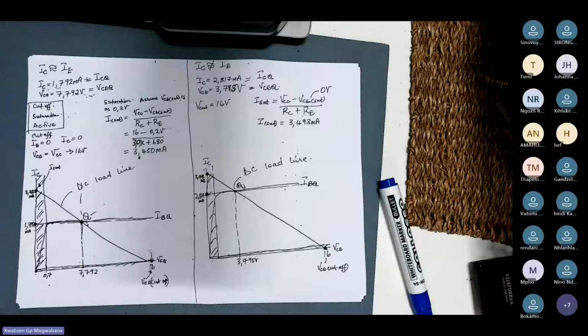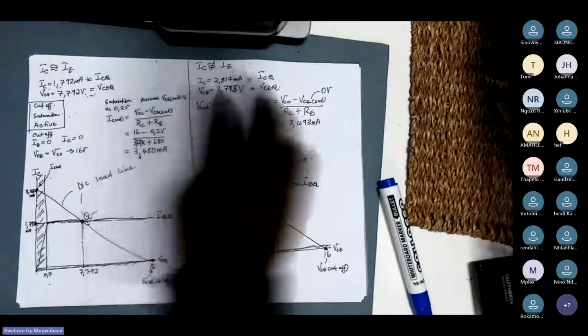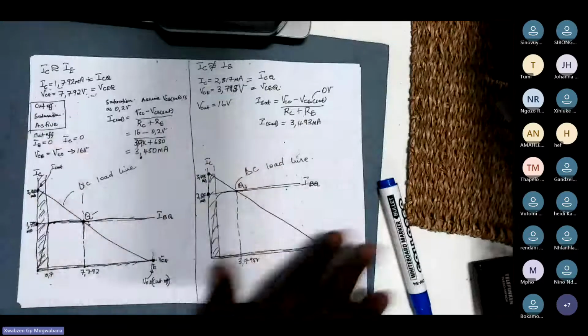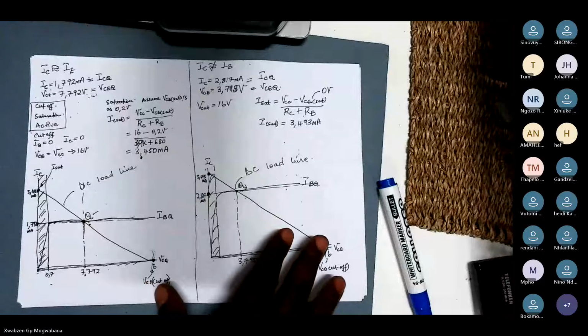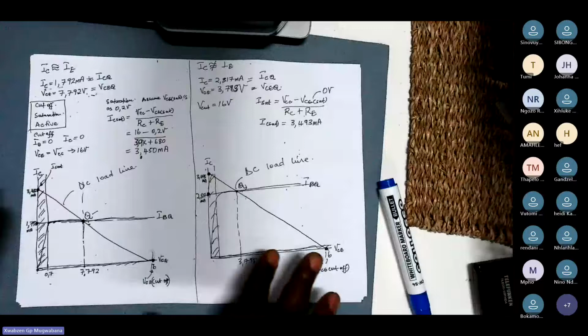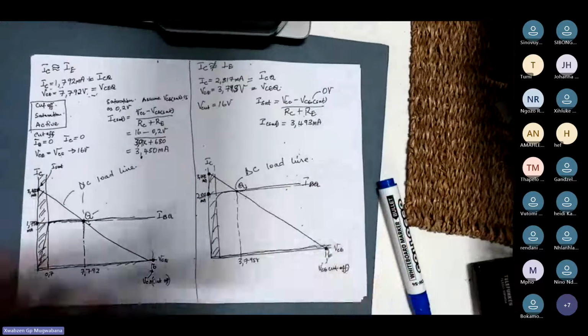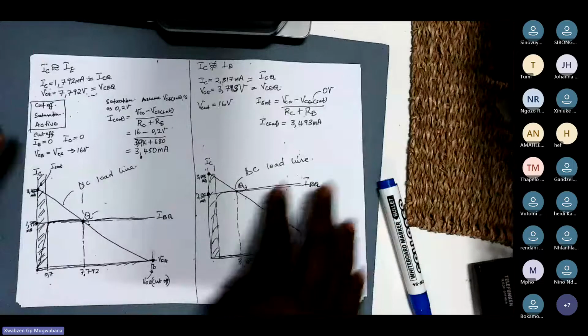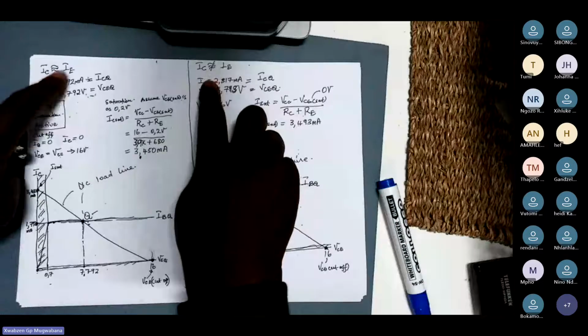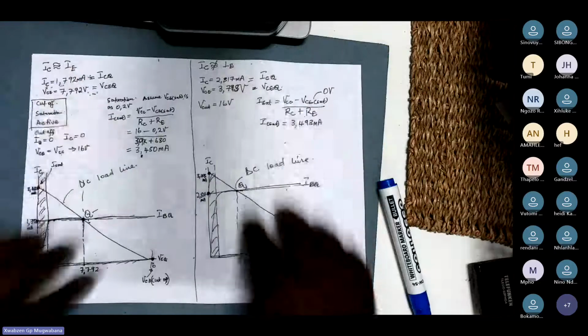Remember, this one and this one are the same thing. There's nothing different between them. How you calculate and how you plot your graph is the same. It doesn't matter if IC is equivalent or not equivalent to IE.